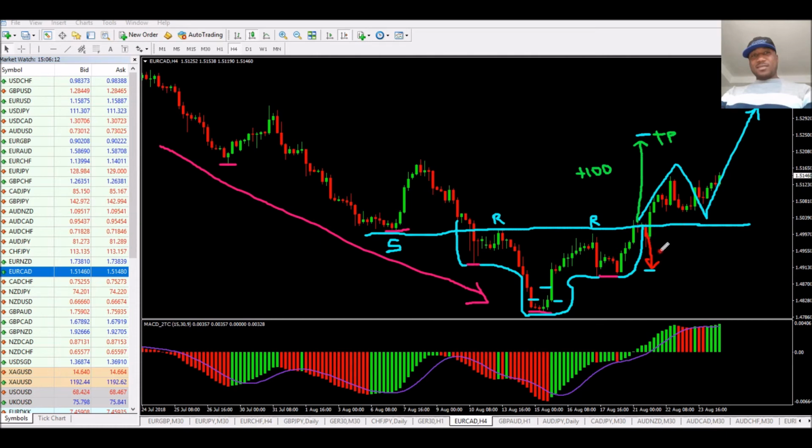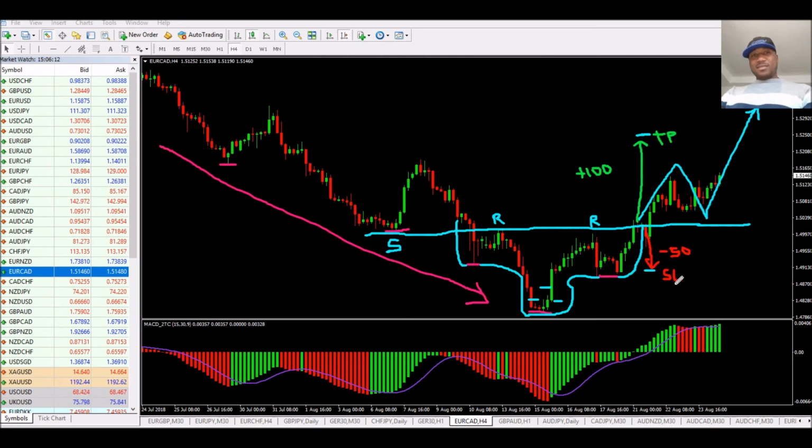So you want to put minus 50 pips, so that if the market goes against you, you will lose 50 pips, and that is a low risk, high reward ratio.